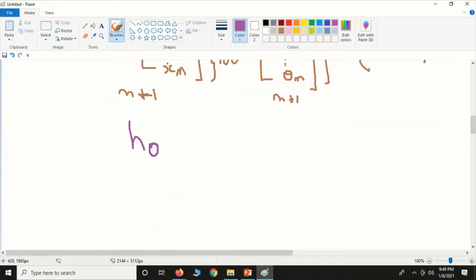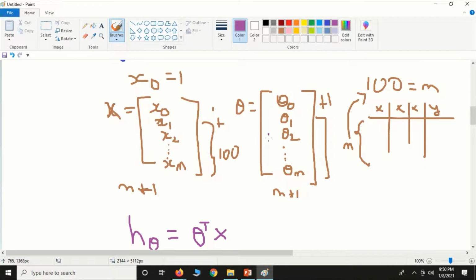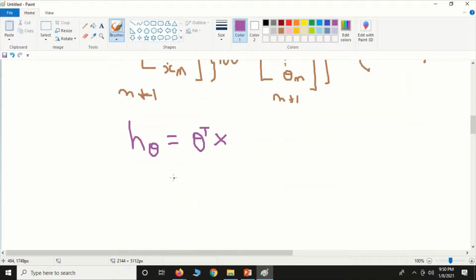The hypothesis h theta is theta transpose x. We can't multiply two identical column vectors, so we transpose theta. Theta transpose will be theta 0, theta 1, theta 2 till theta n. This is the transpose of theta.